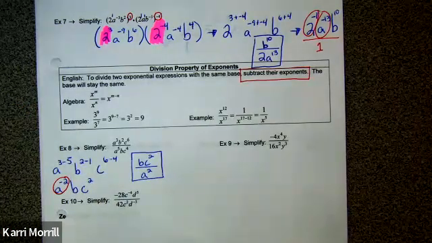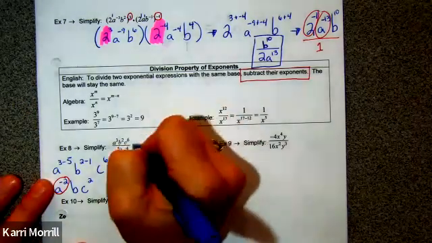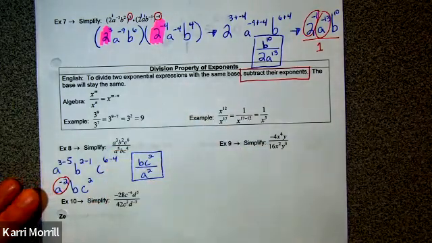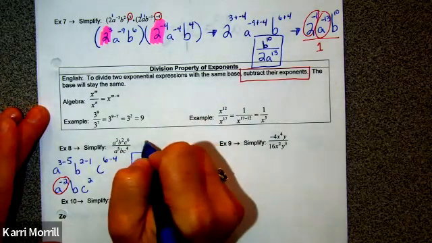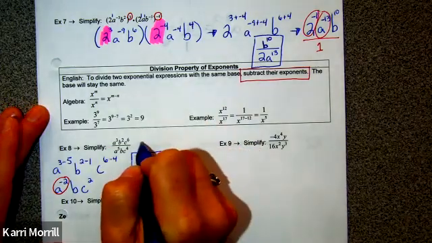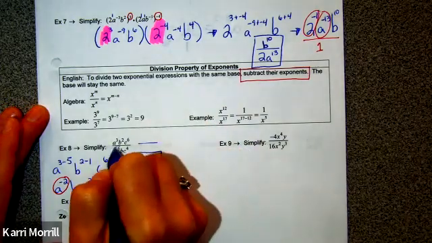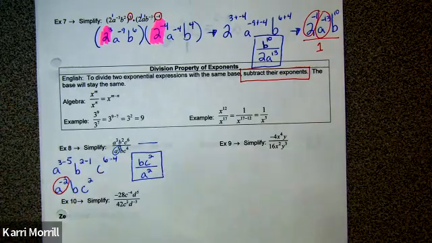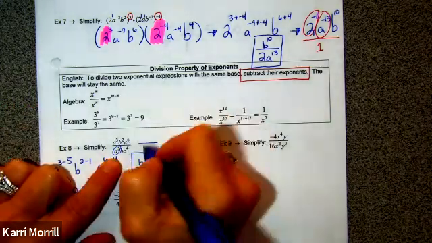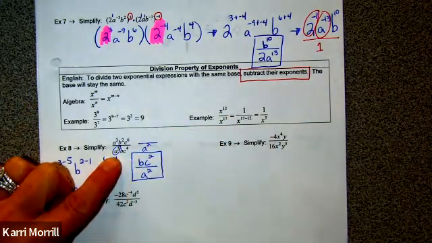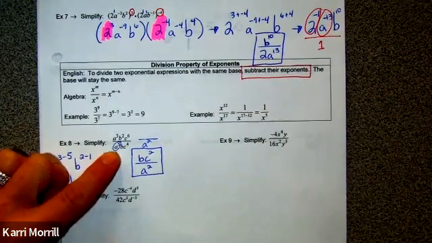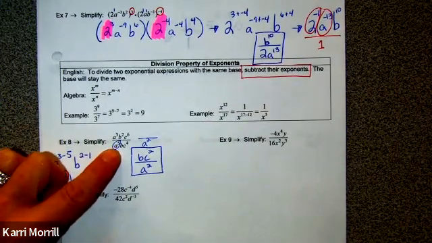But I like to just say it's a lot easier and faster, and it seems like you have one less step. If you just identify where the bigger exponent is, subtract those numbers and leave it where the bigger one is. So like, where's the bigger exponent for A? Is it in the bottom? So I could just say 5 minus 3 is A squared. Where's the bigger exponent for B?